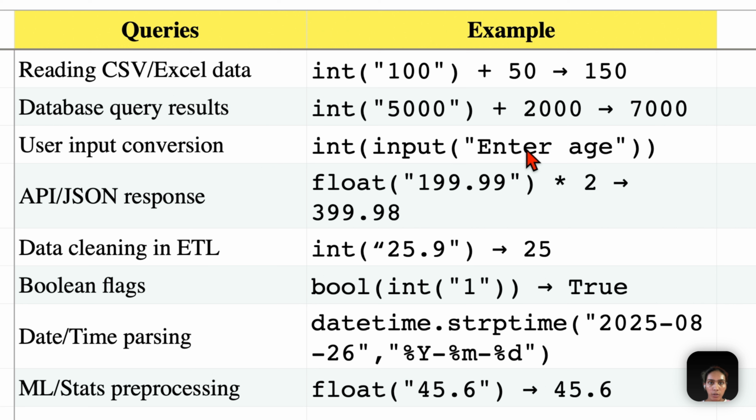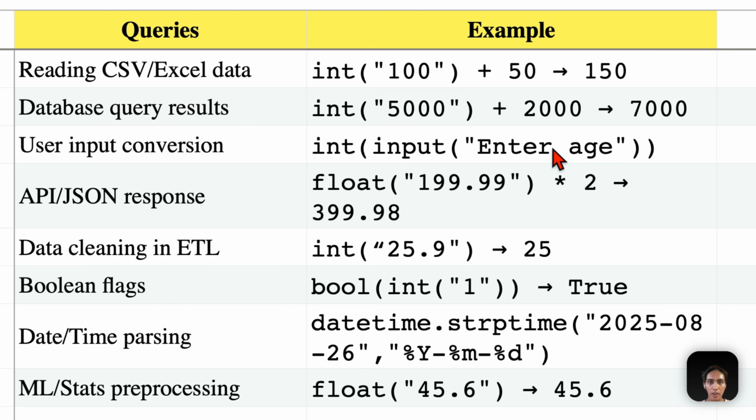Next, database query results. If the database contains tables where all columns or required columns, or the values, are stored as a string data type, we need to first convert them into the necessary data type, maybe integer or float, to perform any mathematical operations on the column.